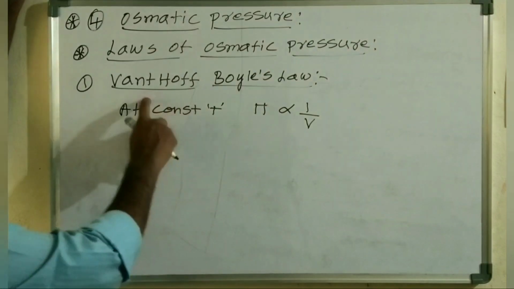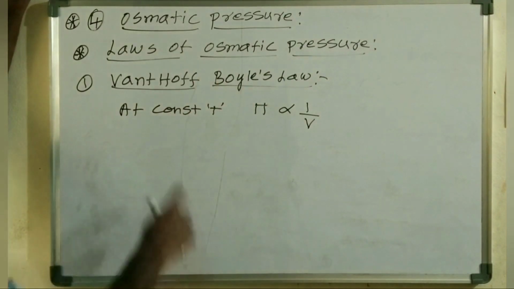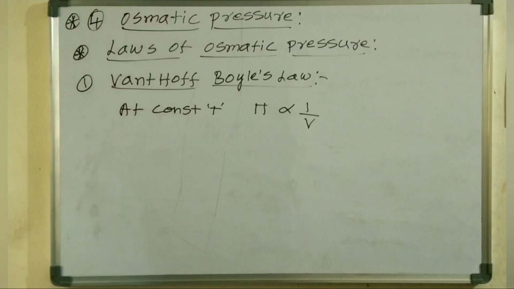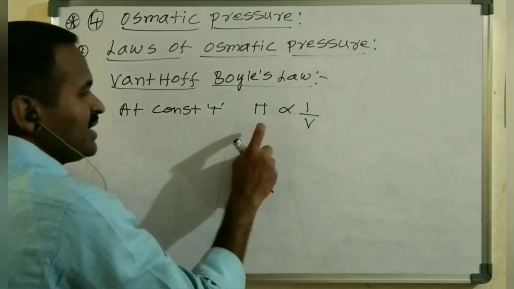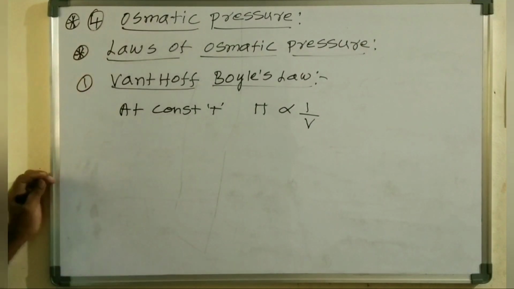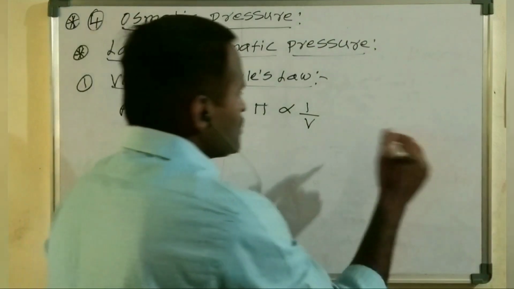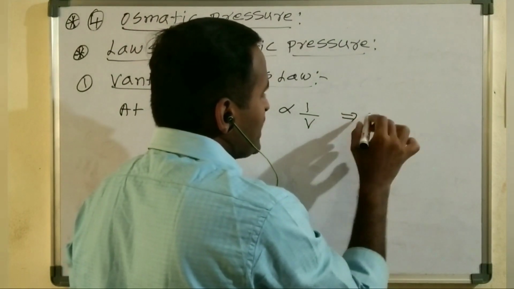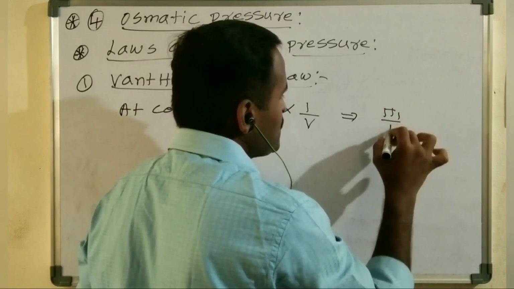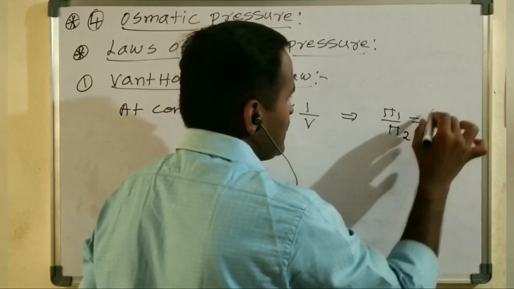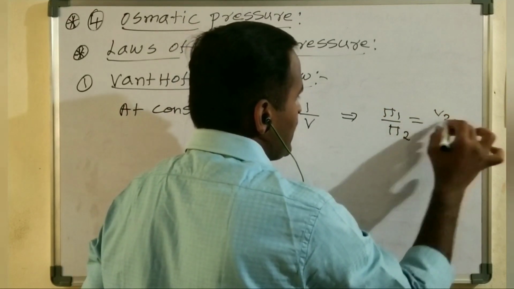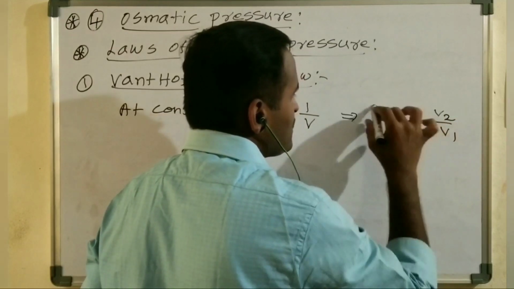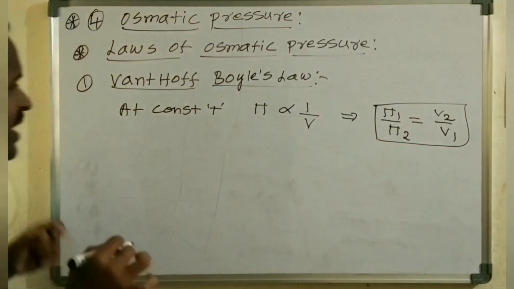From this I can write pi1 by pi2 equals V2 by V1. This is Van't Hoff's Boyle's law.